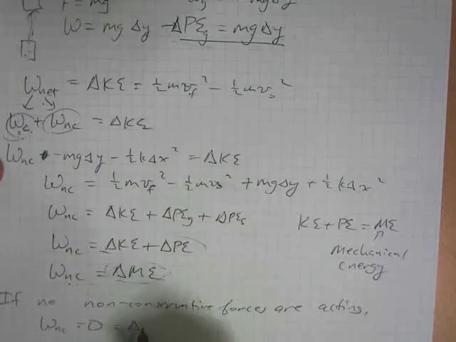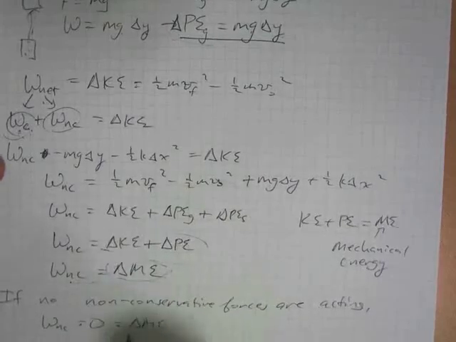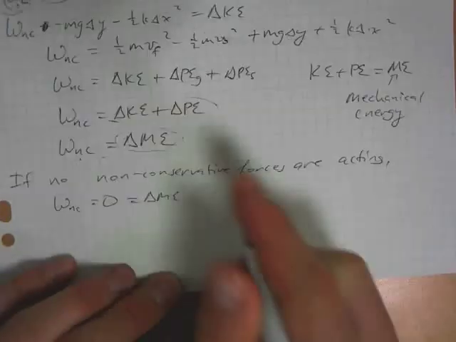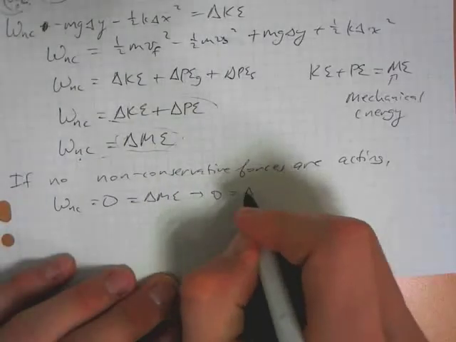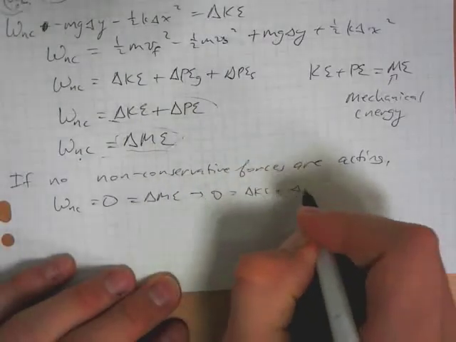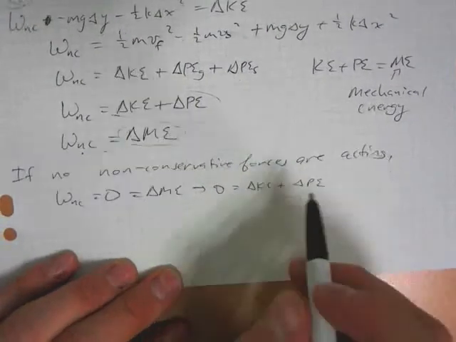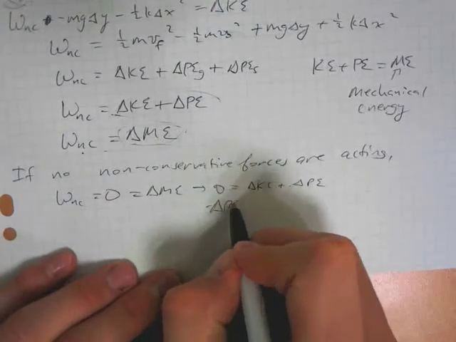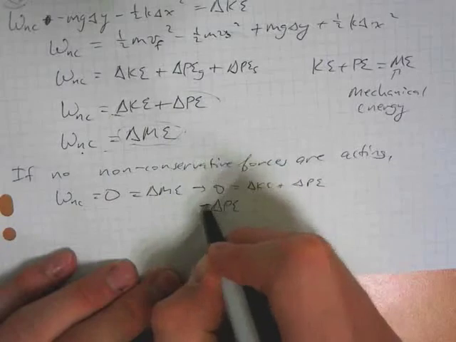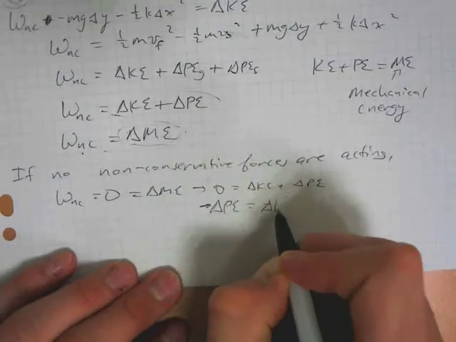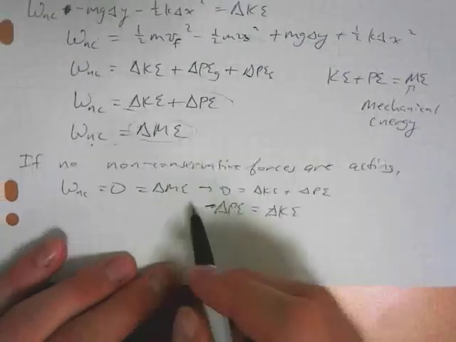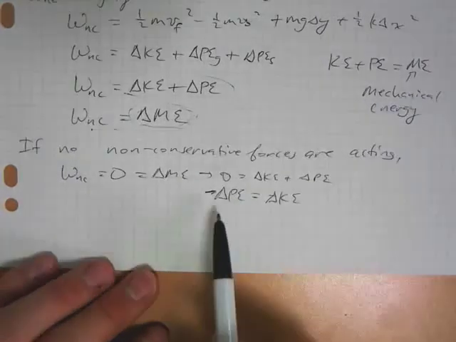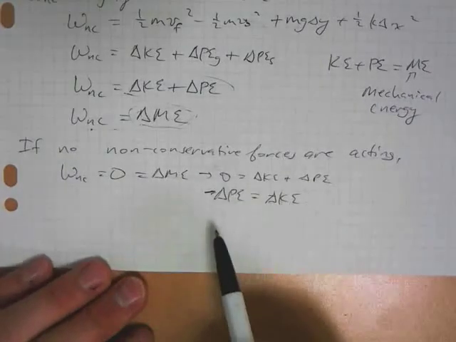So the change in mechanical energy is 0, which means that change in kinetic plus change in potential is 0, which means that the changes in kinetic and potential energy are equal and opposite, meaning energy is just going back and forth between kinetic and potential.